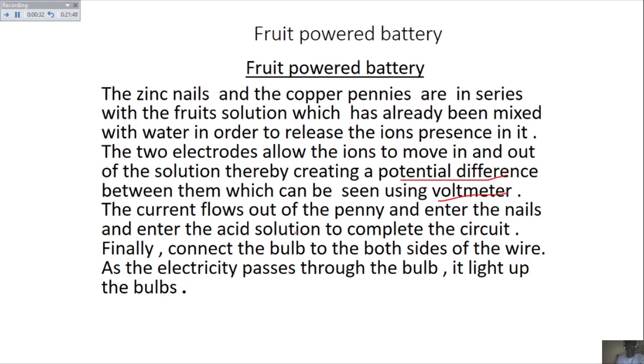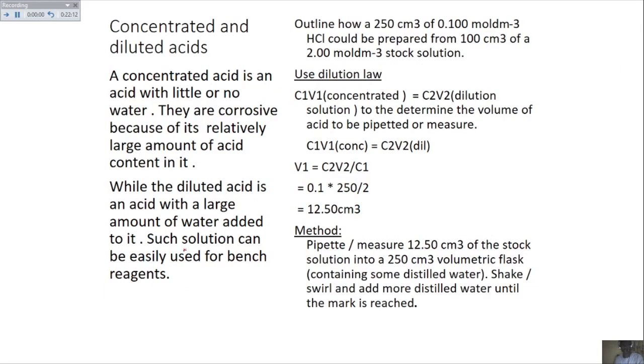The current flows out of the penny and enters the nail and enters the acid solution to complete the circuit. Finally, connect the bulb to both sides of the wire. As the electric current passes through the bulb, it lights up the bulb. And that's what actually happened in the initial experiment I showed you.